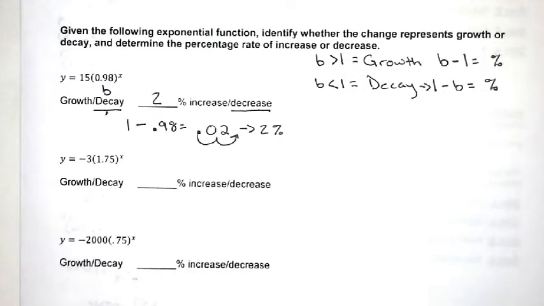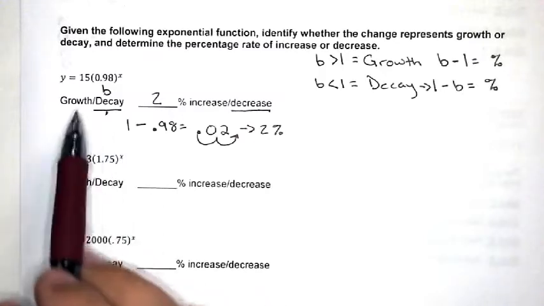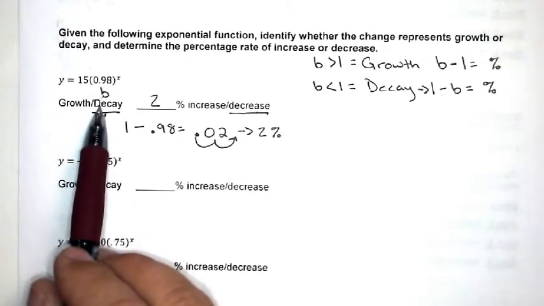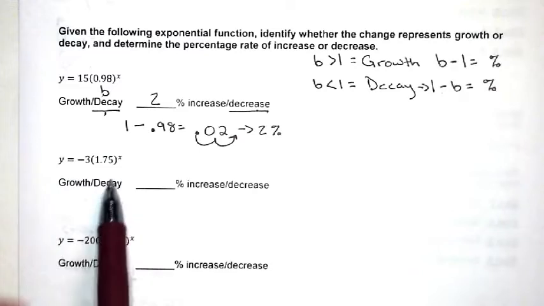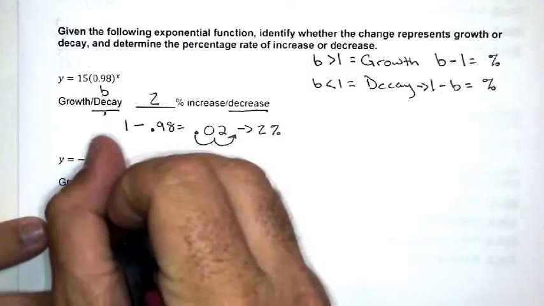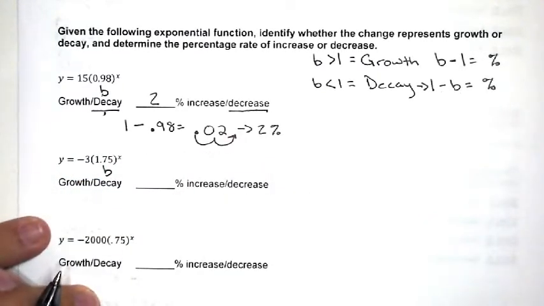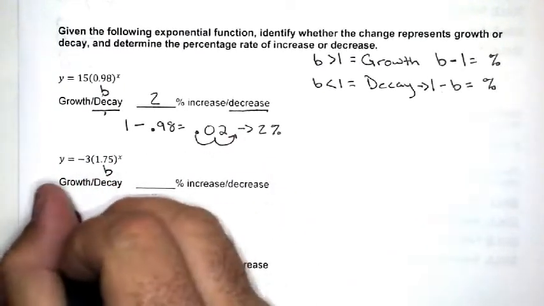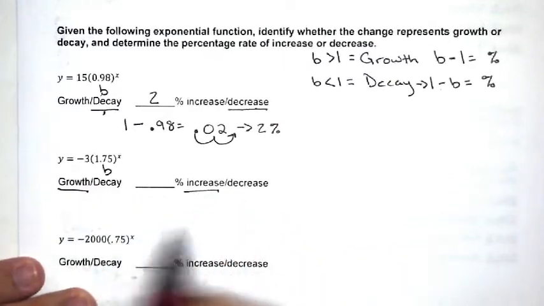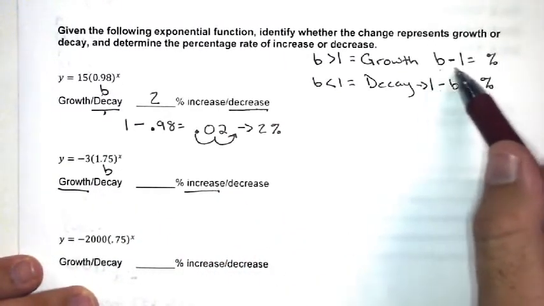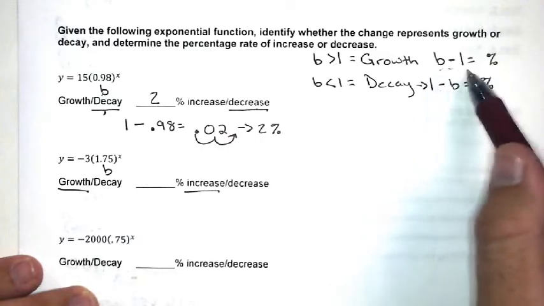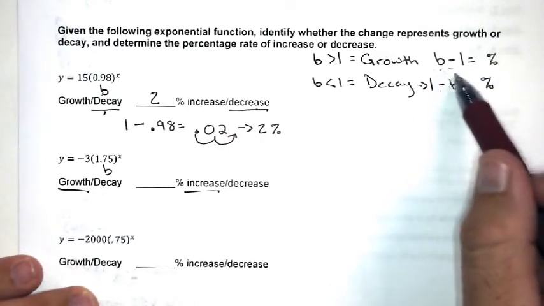And if I have growth, aka example number 2 here, is that number greater than 1? Yeah. So I have a growth, right? Which would mean my percent is an increase. So if I have growth, what am I going to do? To find the percentage, I'm going to do the b value minus 1 because I'm trying to solve for the rate.